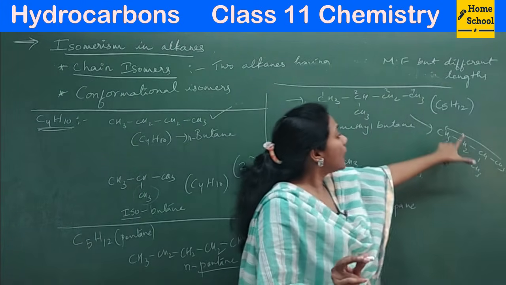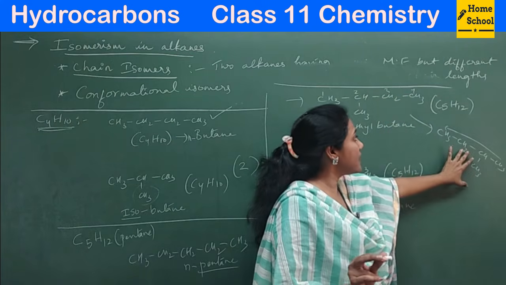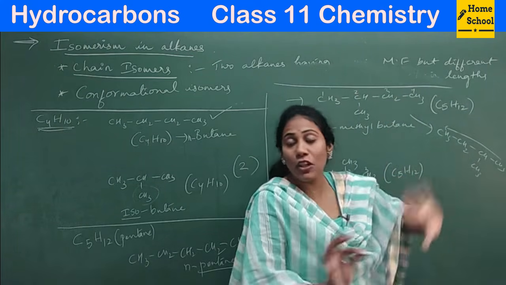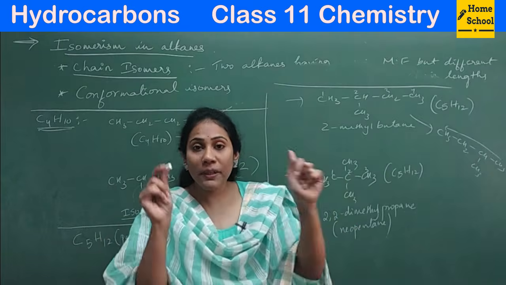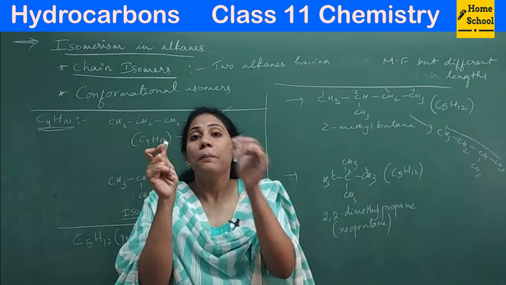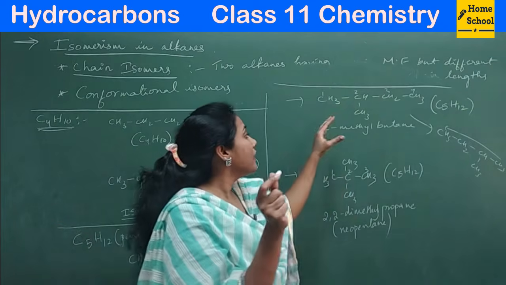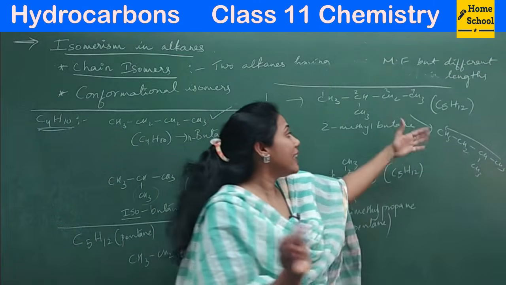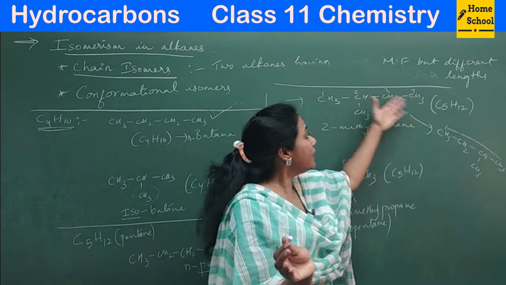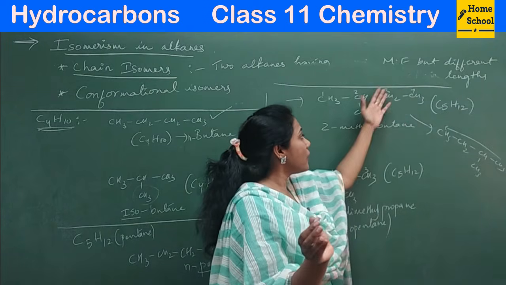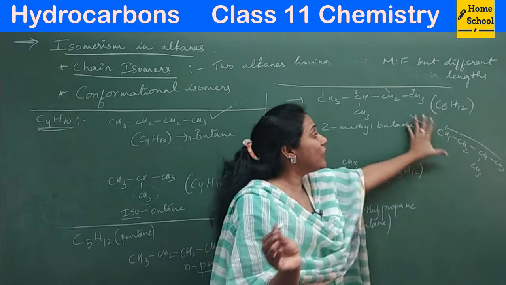When two compounds have the same name, in the sense they are similar, they are not different compounds. So isomers are actually different compounds, but something is similar between them and something is different, right? So this is the way of checking whether it can become an isomer or not. Any two structures which have the same name are not isomers.